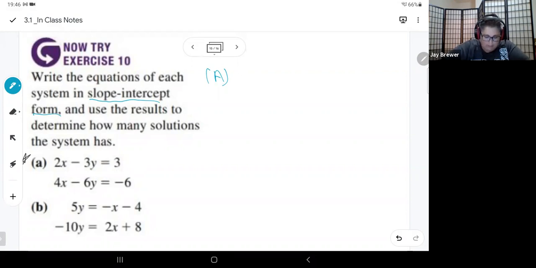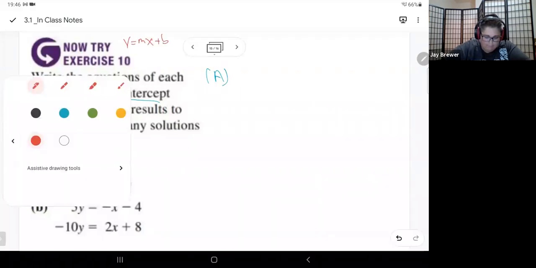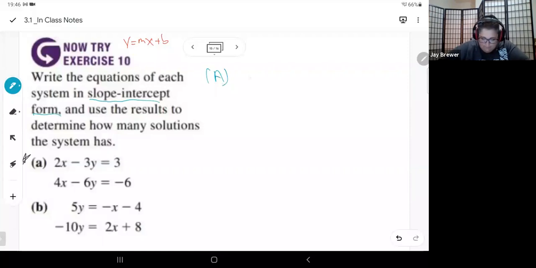So recall that's y equals mx plus b. So bring this on over here. We're going to rewrite it, 2x minus 3y equals 3. We're going to subtract 2x on both sides. That's going to give us negative 3y equals negative 2x plus 3.